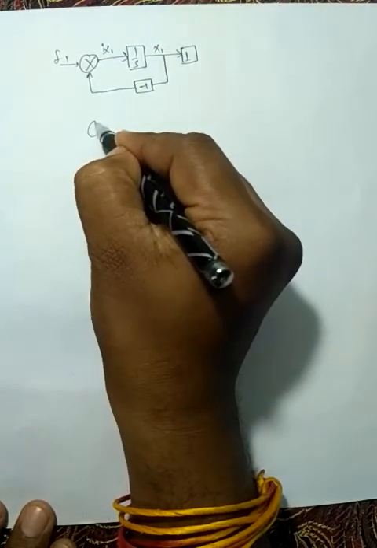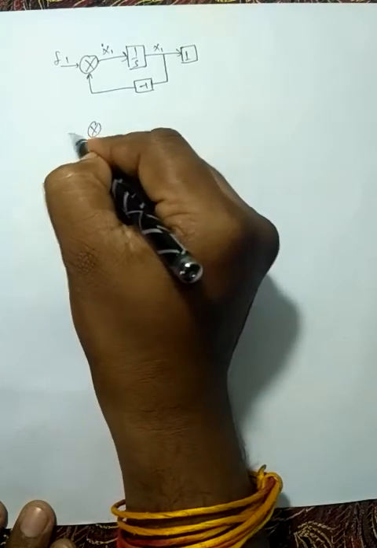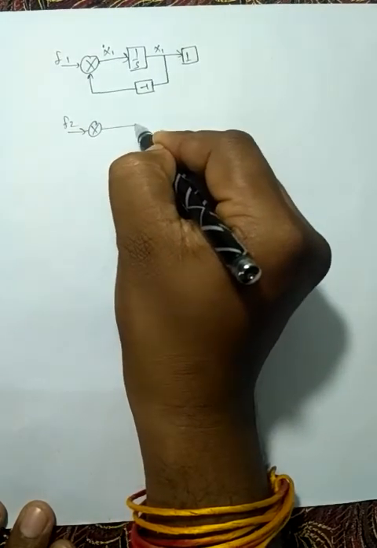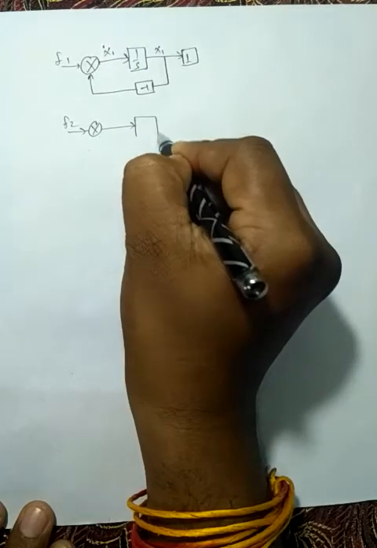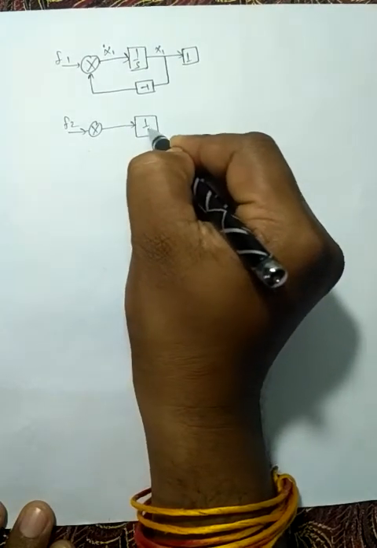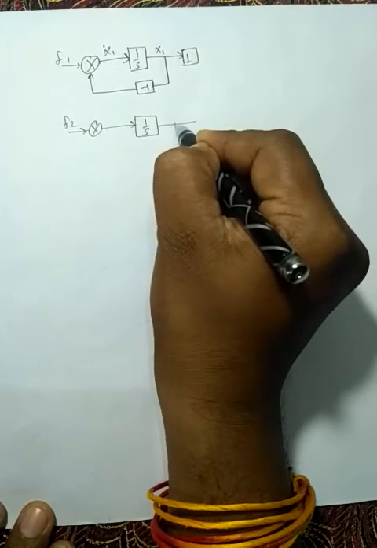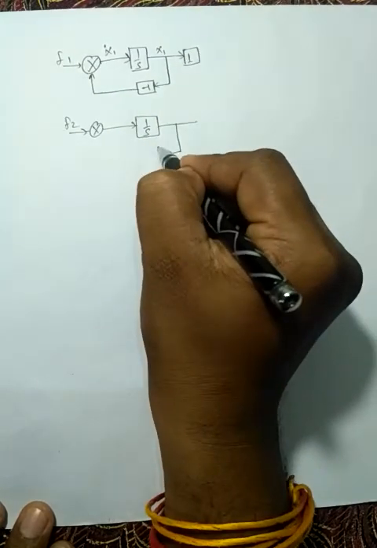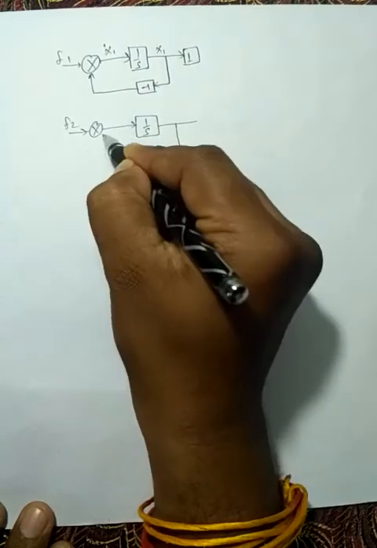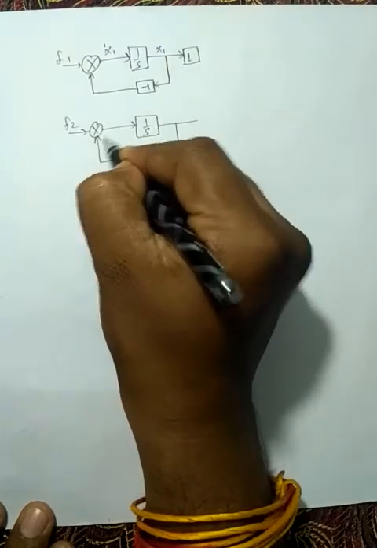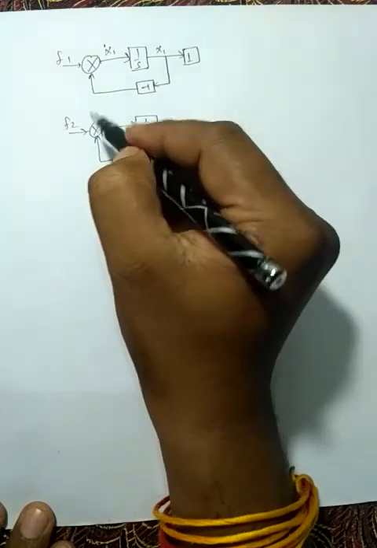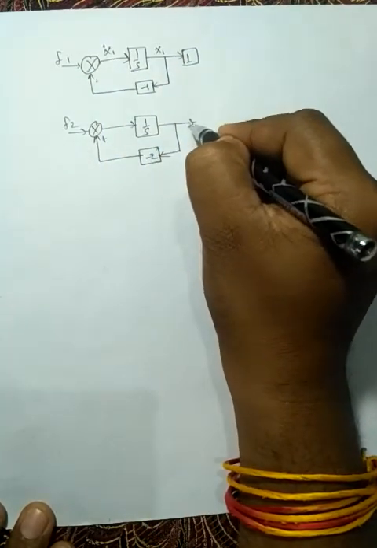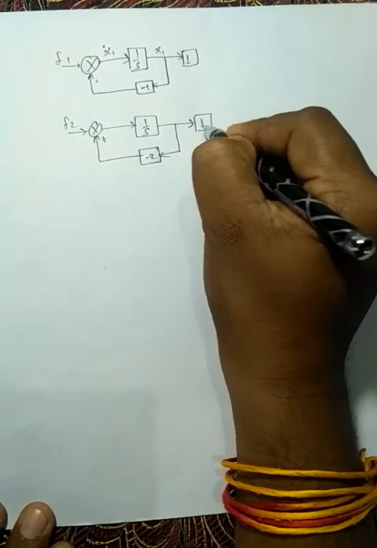Below this we have another summing point with another input F2, an integrator 1 by S, a feedback of -2, and a gain of 1.